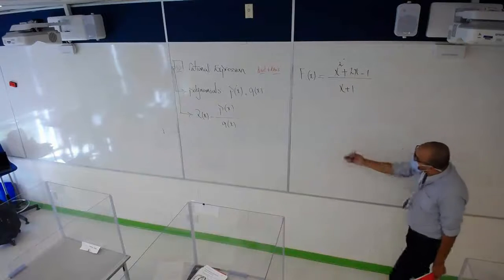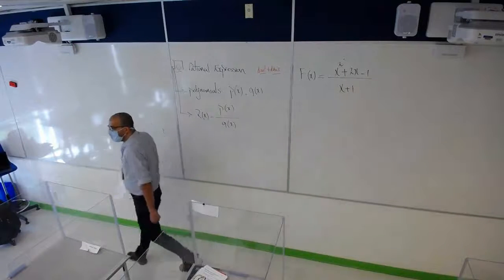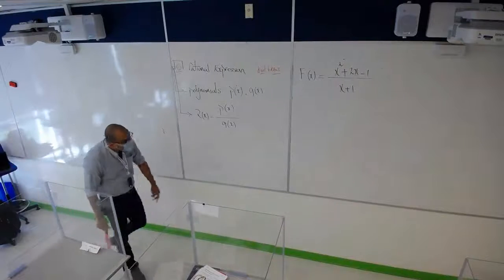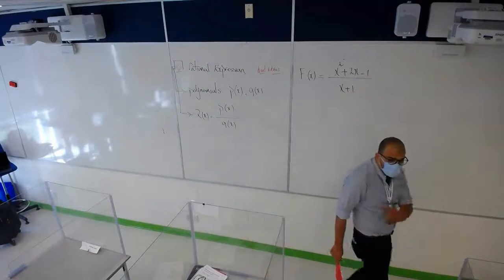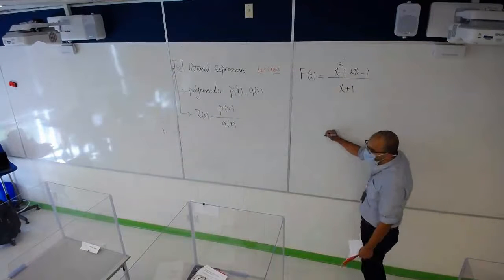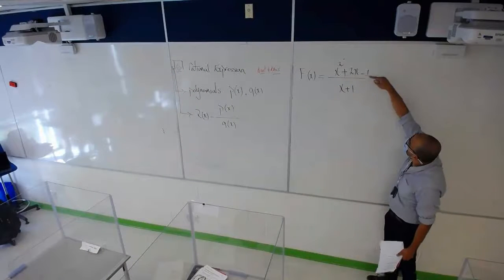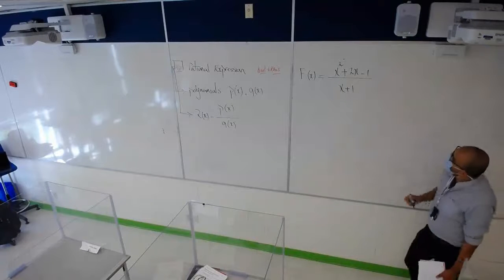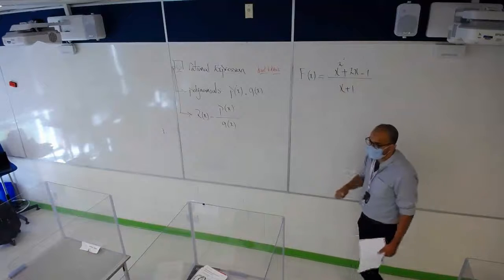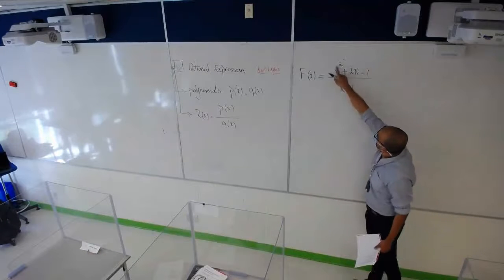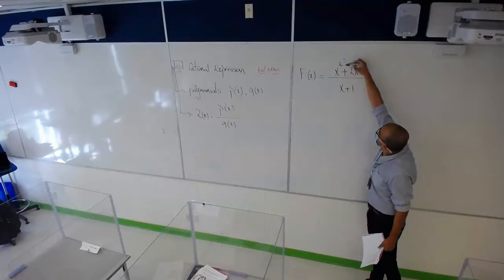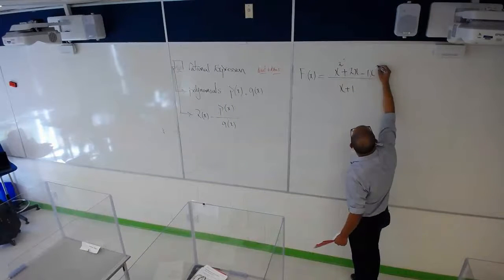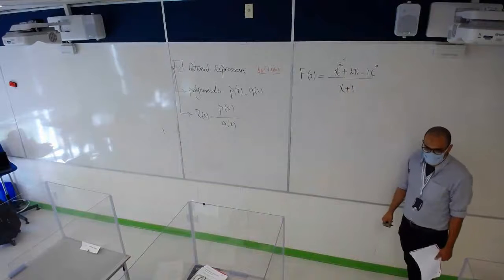Based on the definition we have talked about, and if you refer back to this handout, you see this is a rational expression. Why? Because first of all I make sure that both the numerator and denominator are polynomials. Then as a result I can say that F of X is a rational expression. Look at this. I have started with a polynomial with decreasing powers: power 2, power 1, and this is power 0.